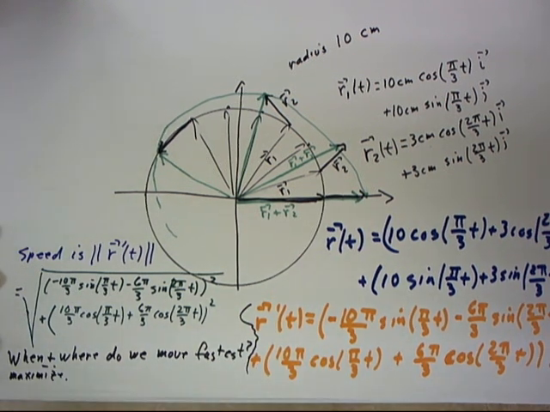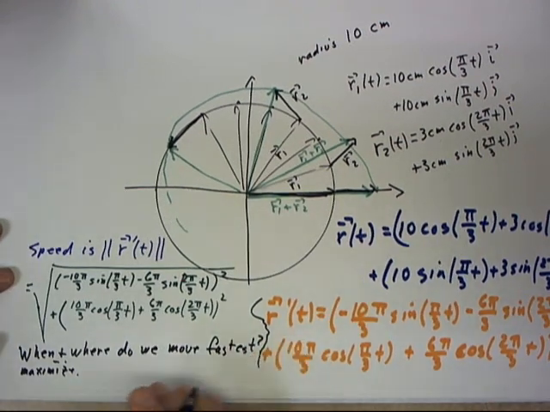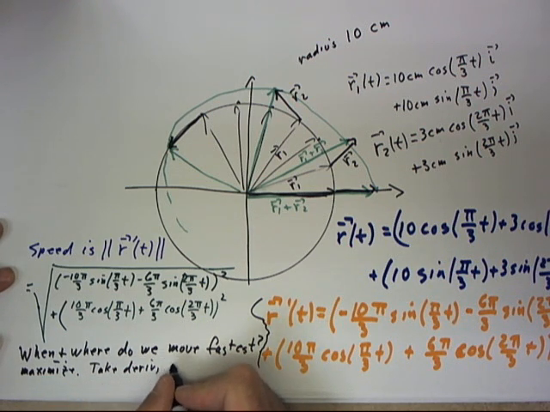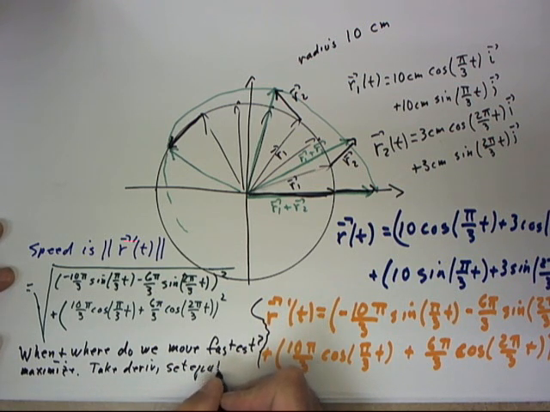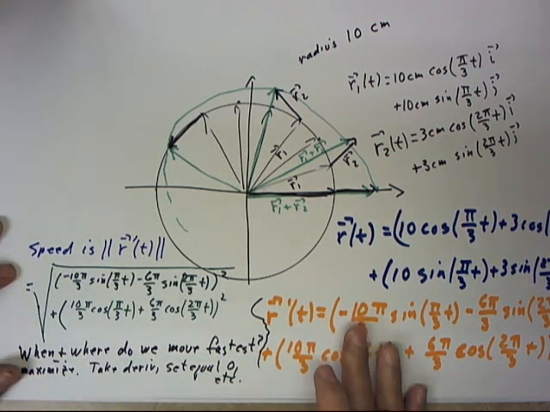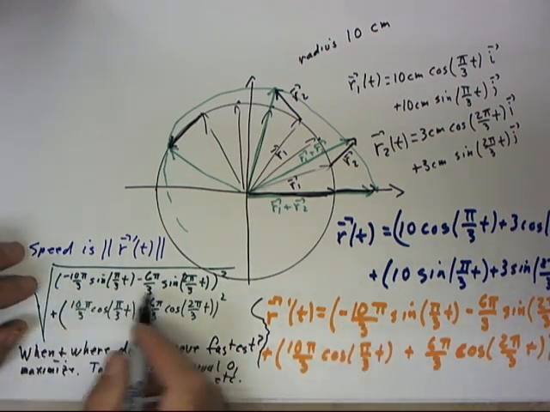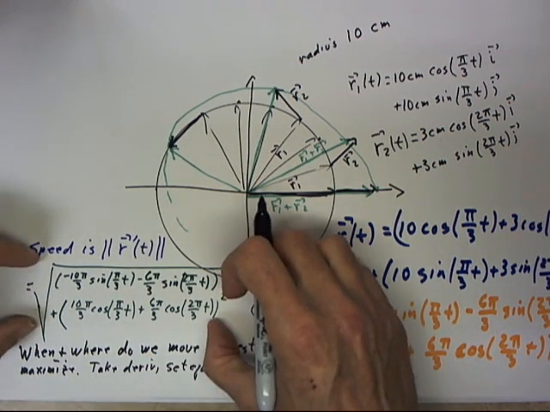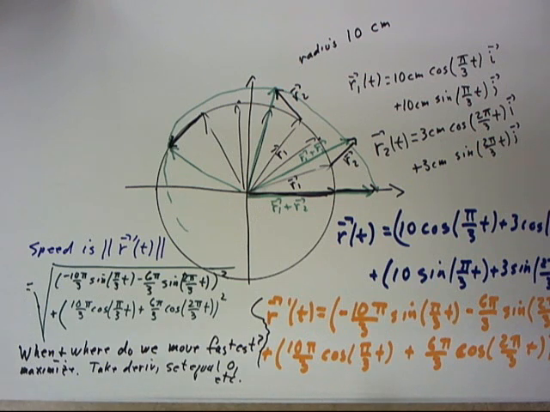So to maximize a quantity, a function, we take the derivative, set equal to 0, etc. And I'll leave the etc. to you. So we have to expand these squares, or, well, one way or another, we have to take the derivative of this expression and figure out when it's 0.